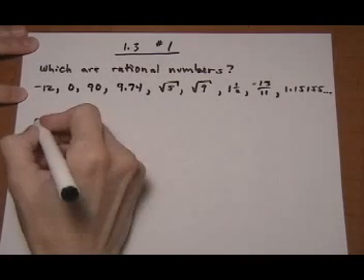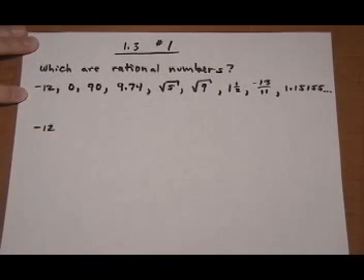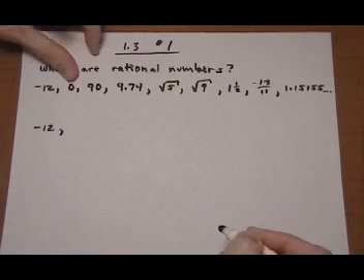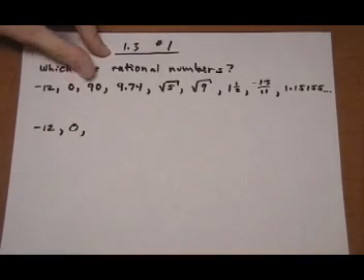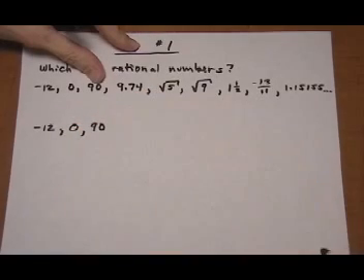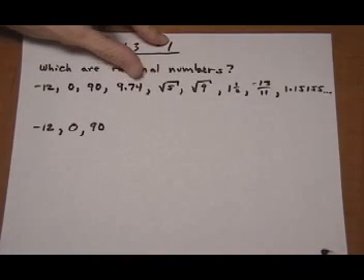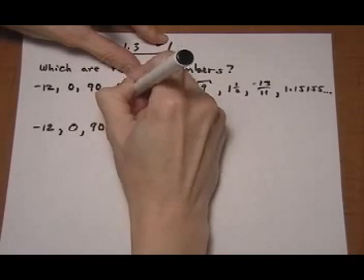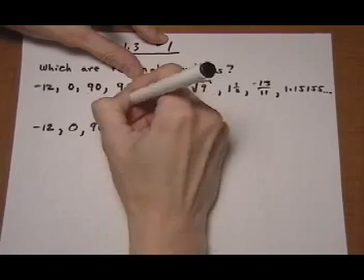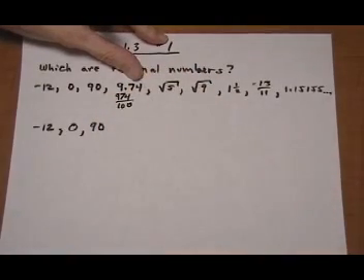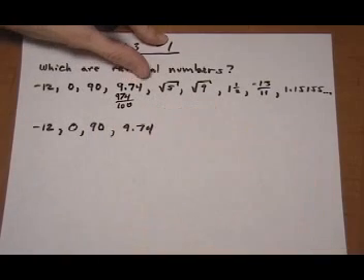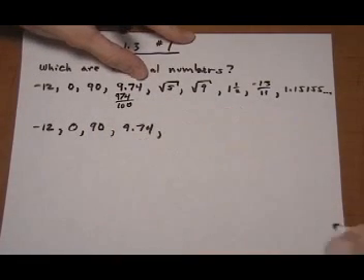So minus 12, yes, because I could write that as minus 12 over 1. 0, yes, I could write that as 0 over 1. 90, yep, 90 over 1. 9.74, the decimal ends. So if I wanted to, I could say 974, and the decimal goes to the 100th place, so I could say 974 over 100. So any ending decimal is a rational number.